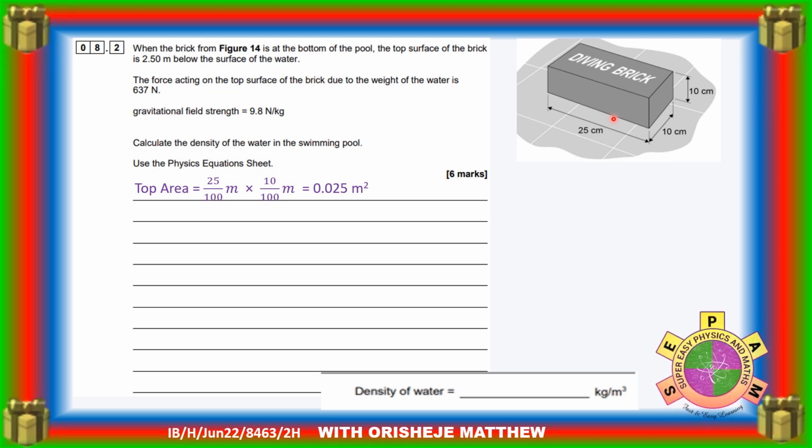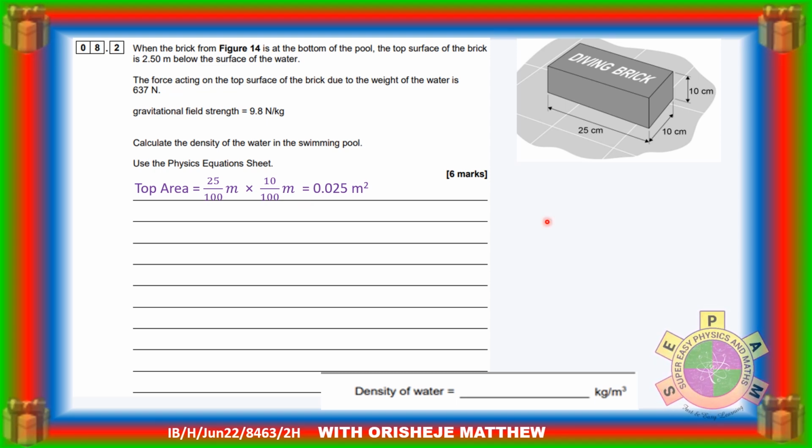But you need to convert to the SI unit, meters, by dividing 25 cm by 100 and 10 cm by 100. That gives the total area of 0.025 meters squared.